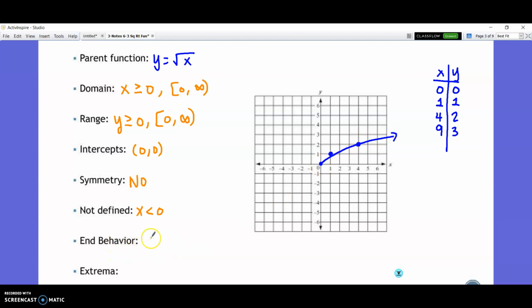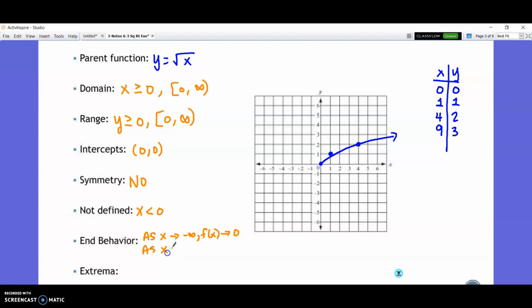For the end behavior, as x approaches negative infinity, it doesn't really go towards negative infinity. It really only stops at 0, so f of x approaches, the closest that it gets is to 0.